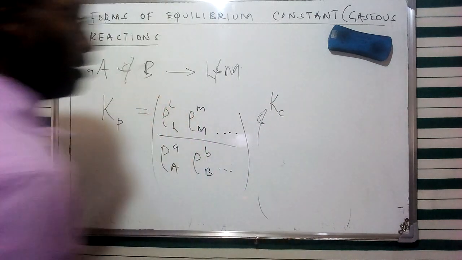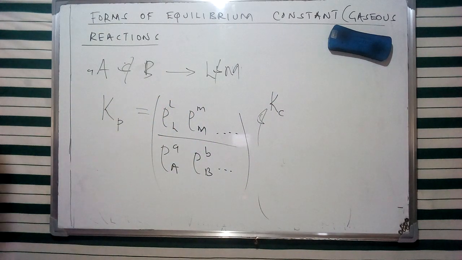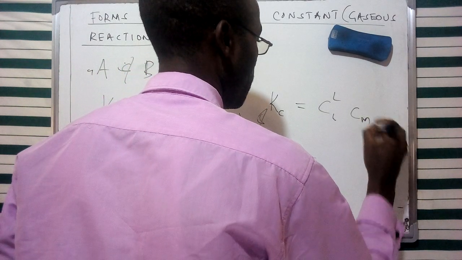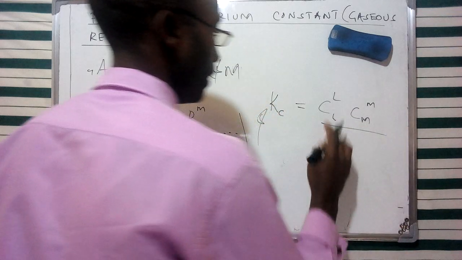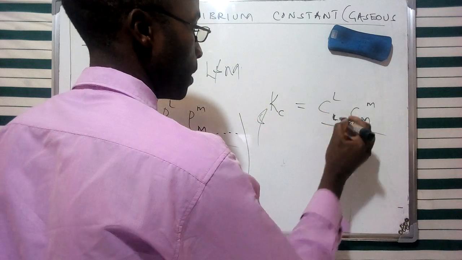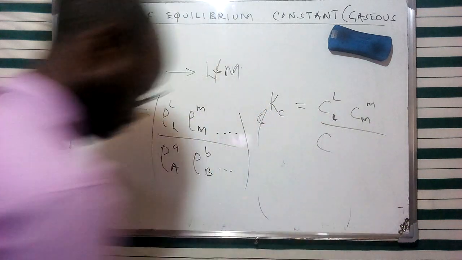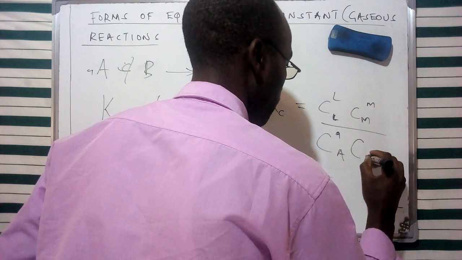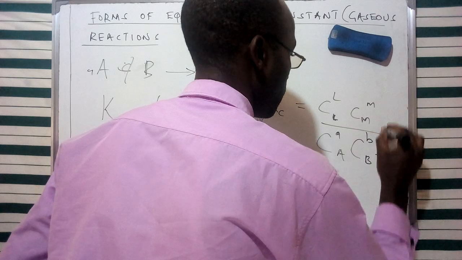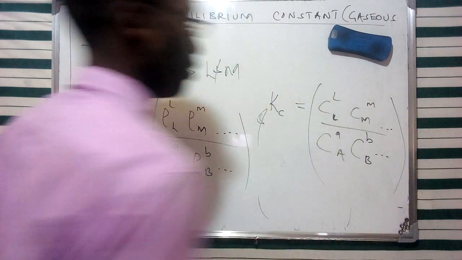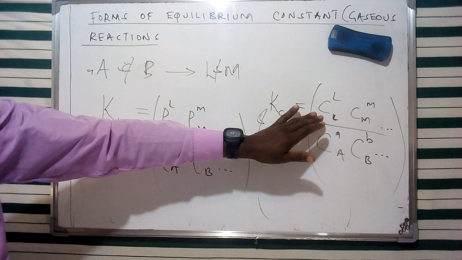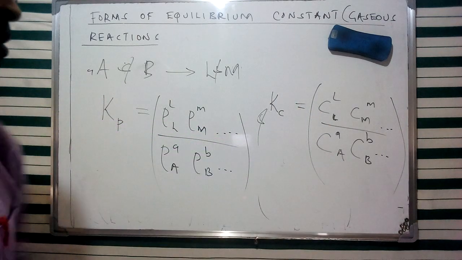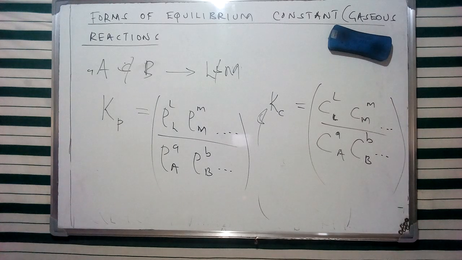That is going to be K subscript C, given as C_L with superscript L times C_M with superscript M, over C_A with superscript A times C_B with superscript B. As we are going to note as we go by, the numerator caters for the products, and the denominator caters for the reactants' coefficients in that case.